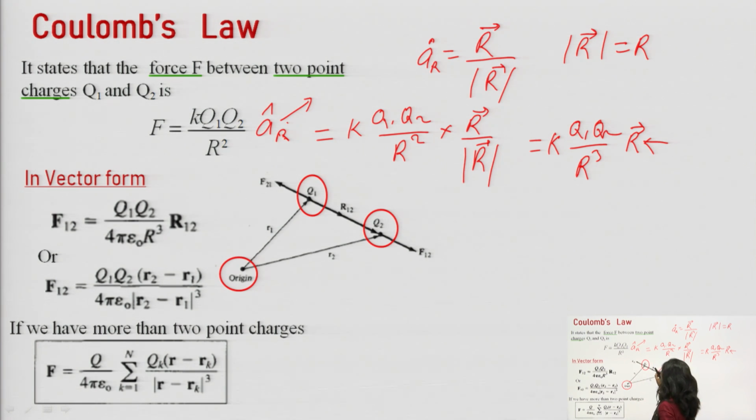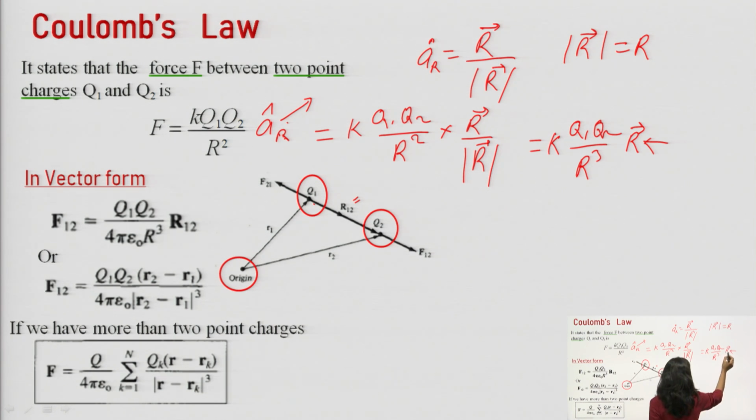This r12, which is the distance between q1 and q2, is the distance vector. However, r1 and r2 are the position vectors. Position vectors are the distance from origin to the given location, whereas distance vectors are the distance between two points.